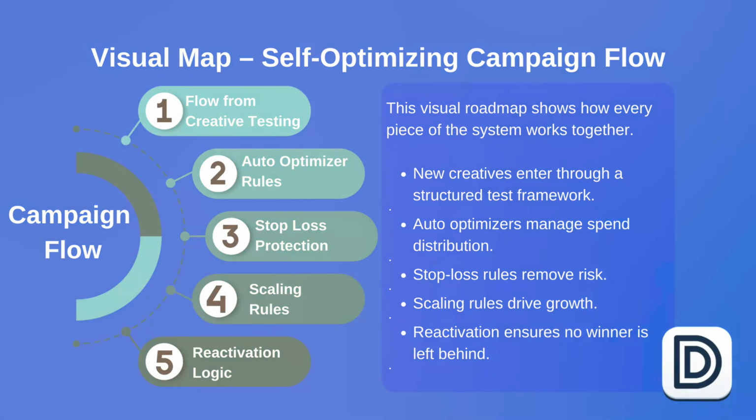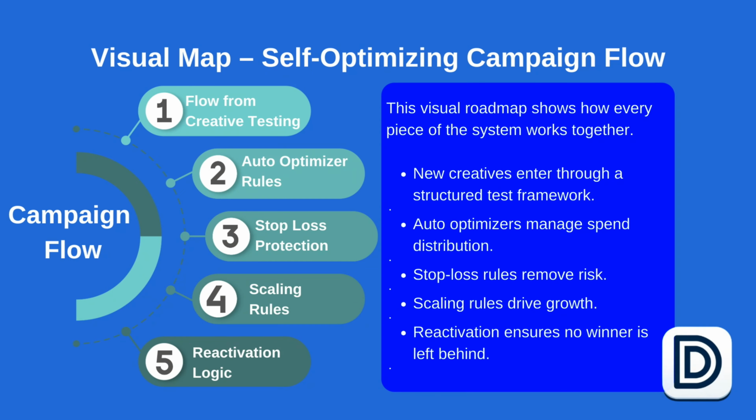Okay, so before, I promised you a visual map, so here it is. Check this out. This is your self-optimizing campaign flow. You have a flow from creative testing that rolls into auto-optimizer rules with some stop-loss protection, some scaling rules, and some reactivation logic. And really this works because your new creatives flow in through a structured test framework.